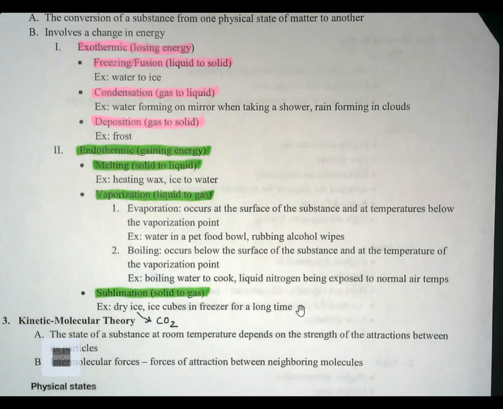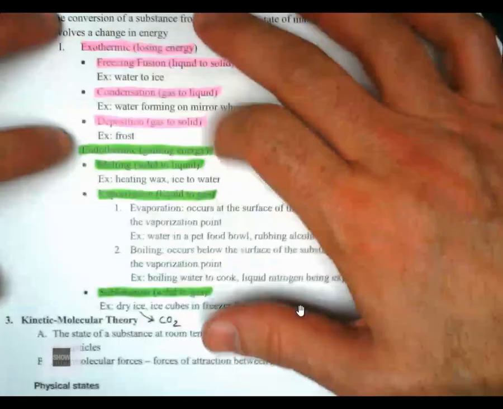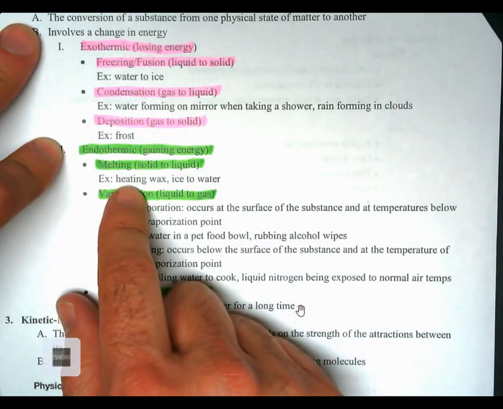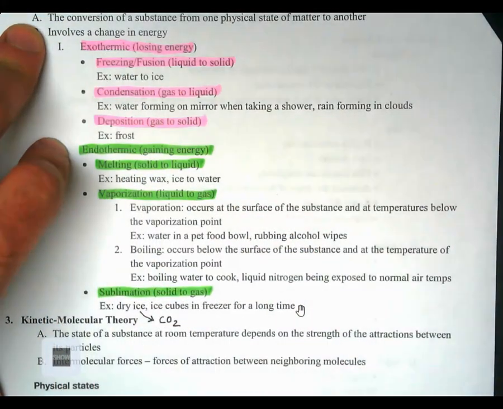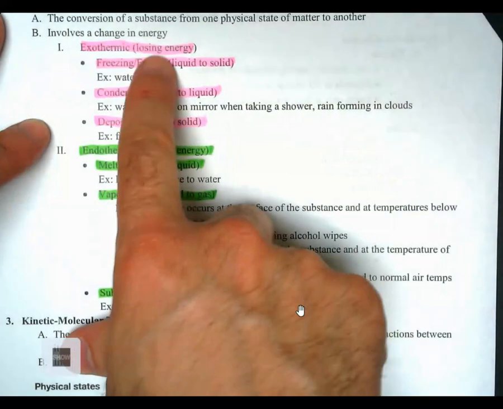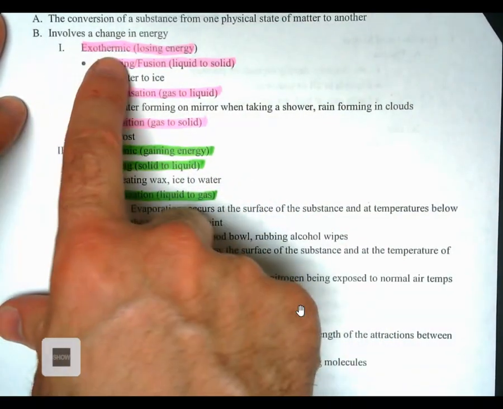Now, we've got two categories of energy: exothermic and endothermic. Thermic refers to energy or heat. You've heard of the term thermal, like thermal underwear, which is about keeping heat. Thermal is referring to heat or energy.